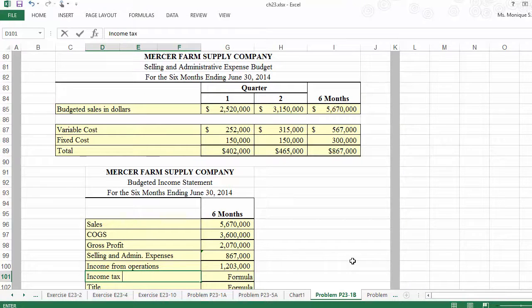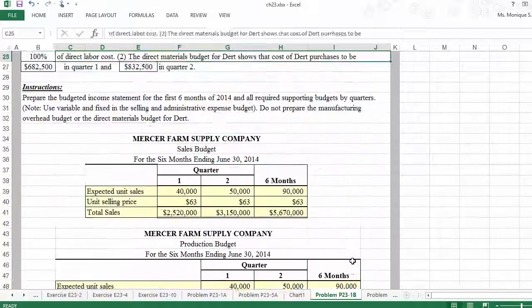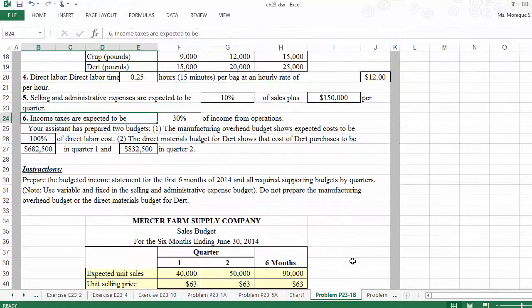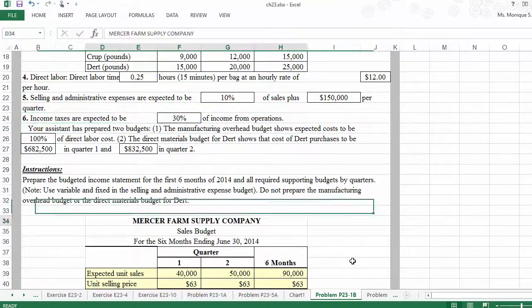And then we're going to figure out what our income tax is. This is our income tax expense. And per the problem, I think it's at 30%. So let's see what it says up here, just so you can see it on your problem. It says right here in item 6 that it's 30%.